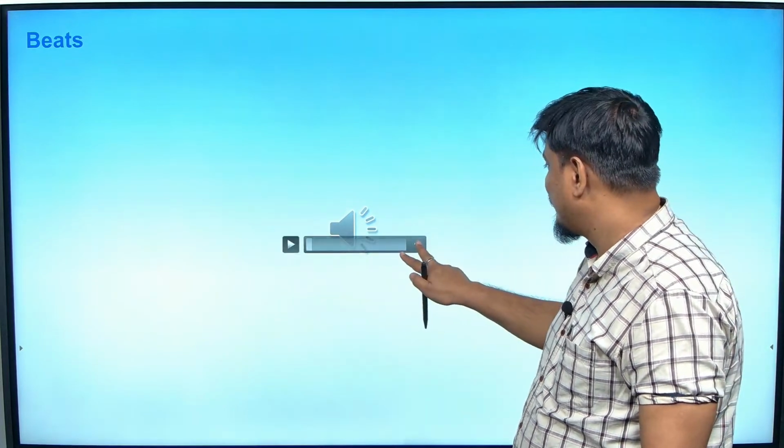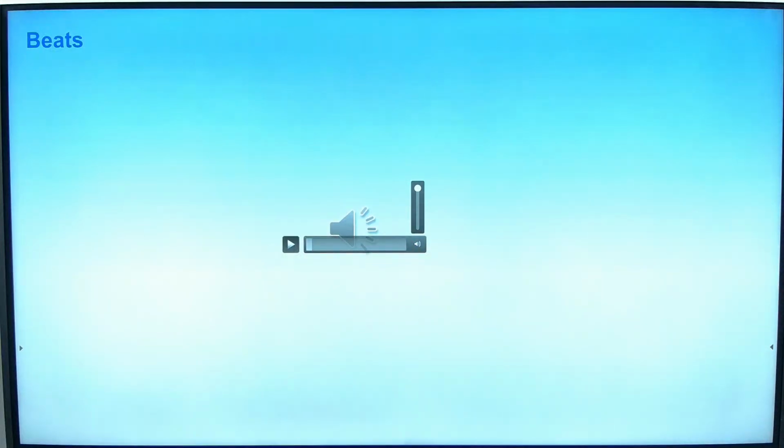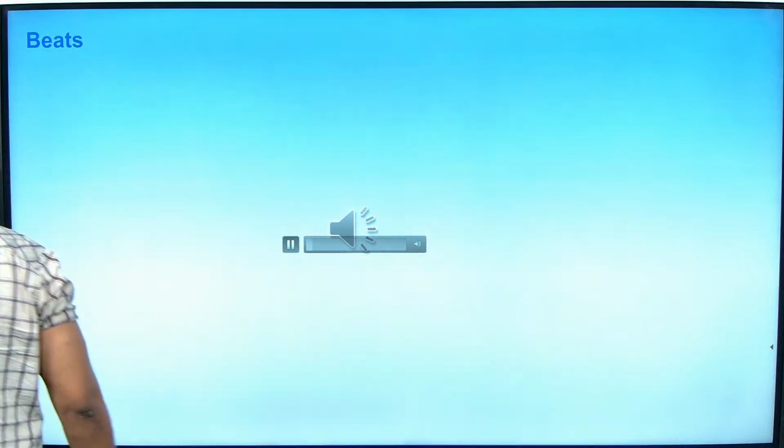Wait, here. I will try to increase the sound to the maximum possible. Where is the sound coming from? Where is the speaker of this TV? Hearing something?